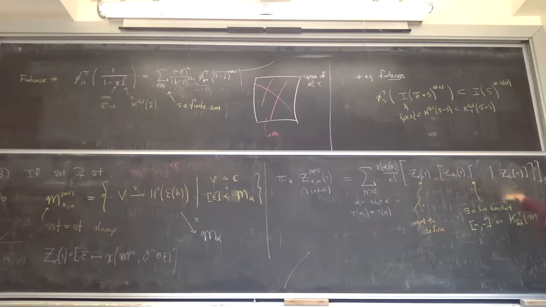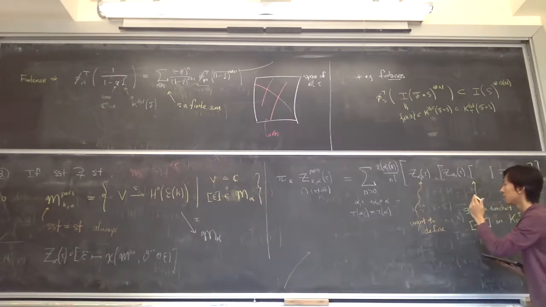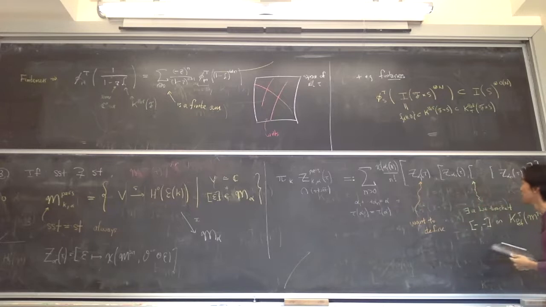Okay, and that's this Lie bracket. Secondly, this equation is not a proposition, it's an actual definition. Okay, so we use this formula to define these objects Z alpha i.